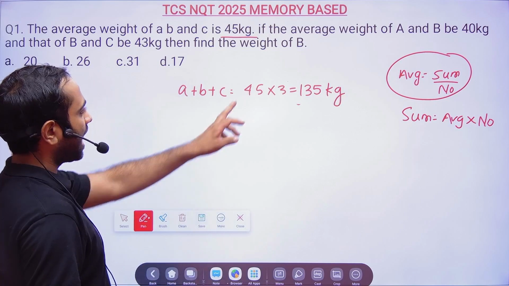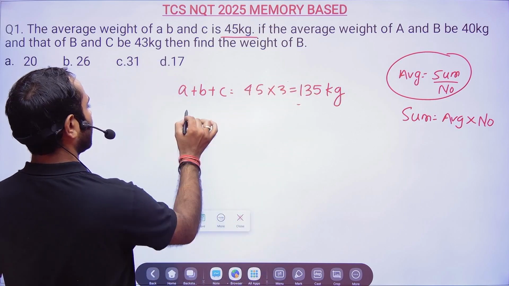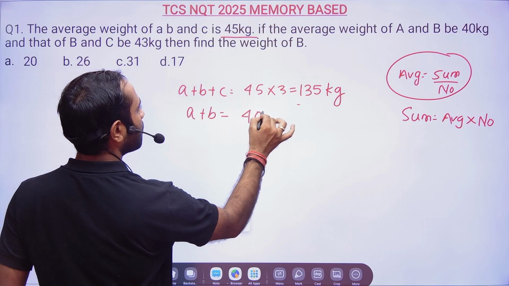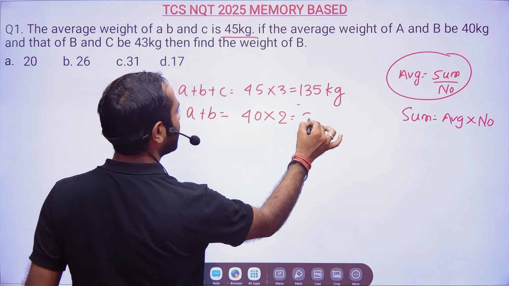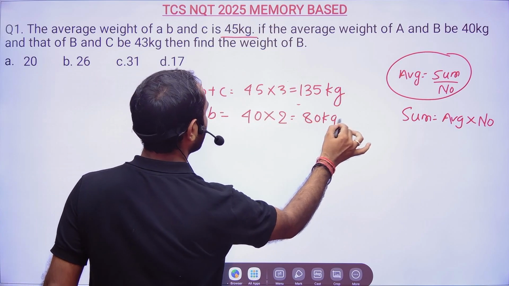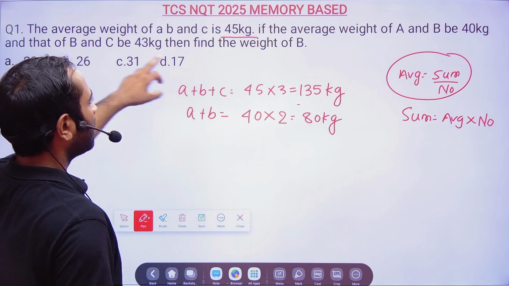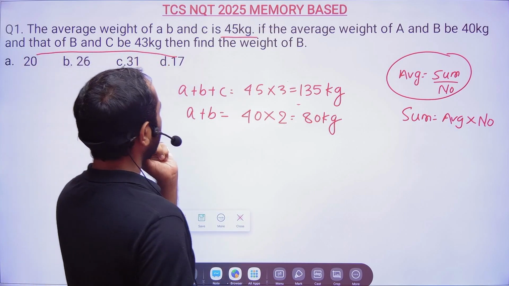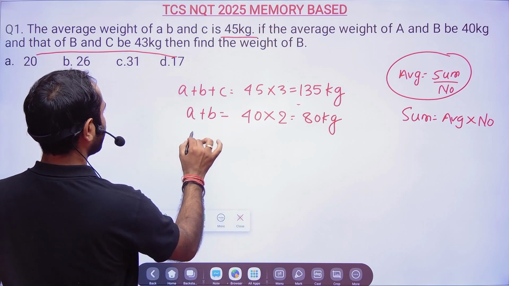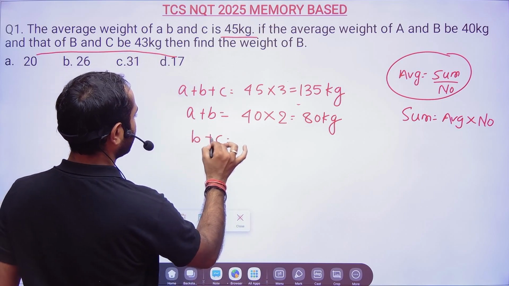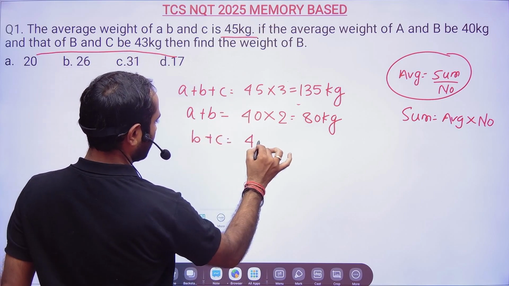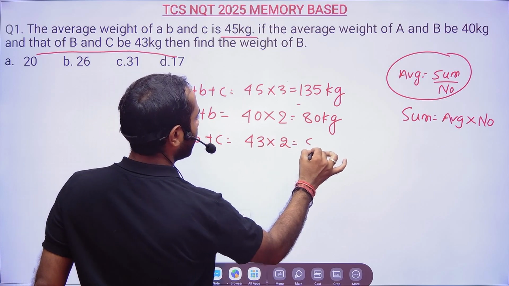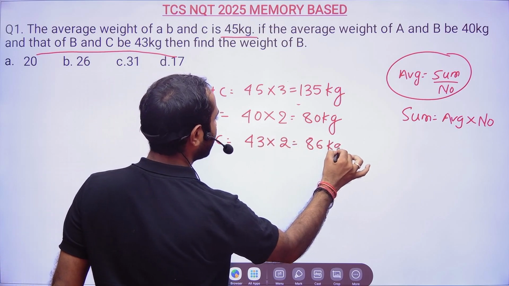Then the average weight of AB is 40, so the sum of weights will be 40 into 2, average into number, which is 80 kg. Then B plus C average weight is 43 kg, so the total will be average into number, which is 86 kg.